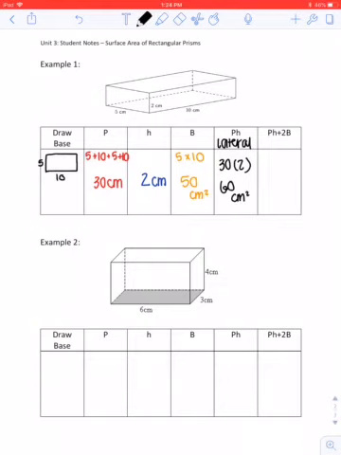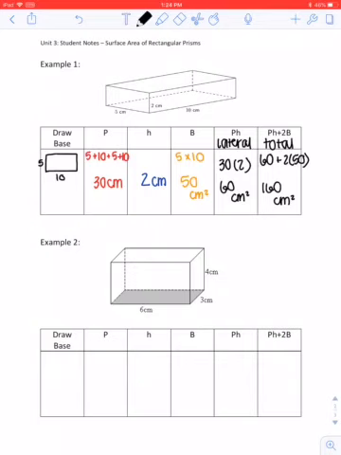For my total, I would take that 60 and then add 2 times 50, the area of the base, to give me 160 centimeters squared for my total surface area. Okay, make sure you have all these parts labeled, and then we're going to do example 2.